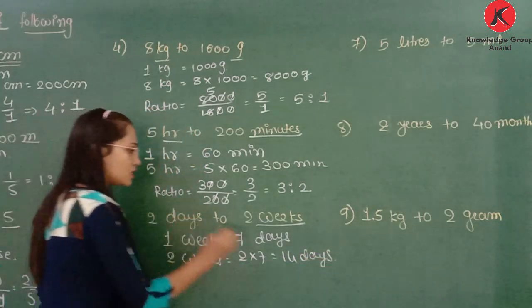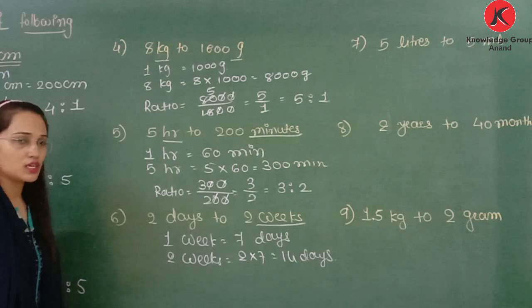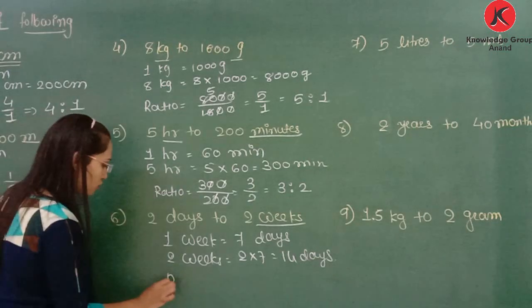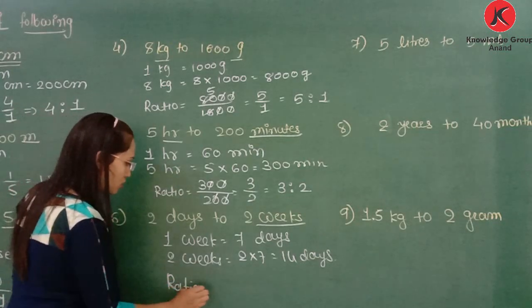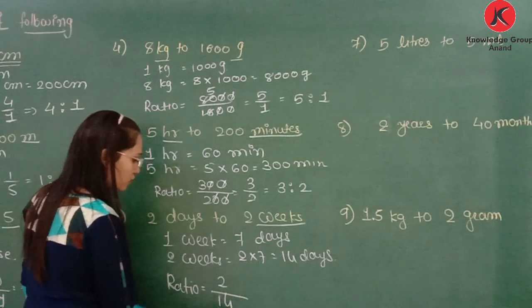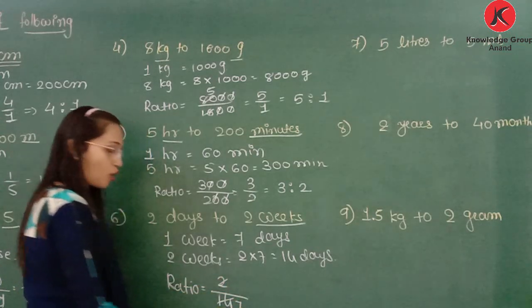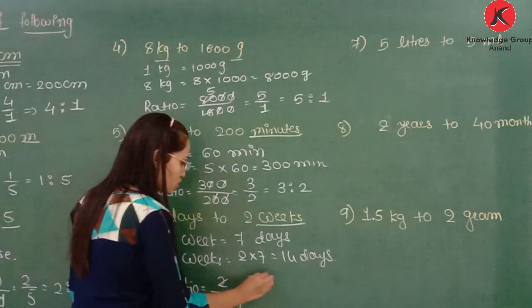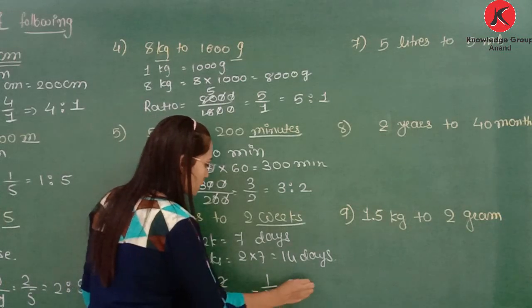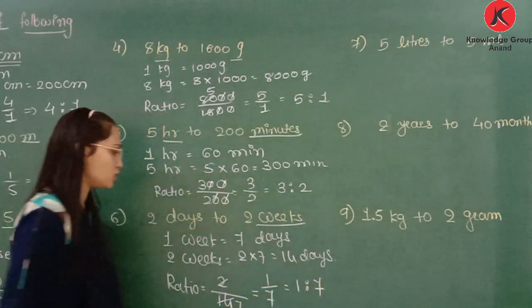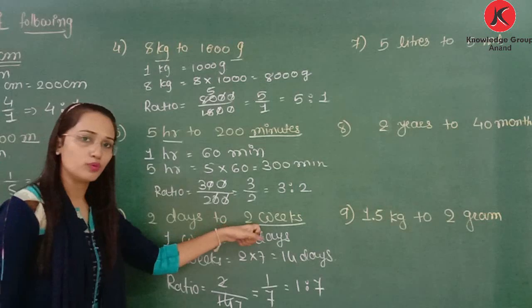Now this unit is in days and this unit is also in days, so perform the ratio by division. 2 divided by 14. Now here you can cut the common factor, 2 sevens are 14. So here 1 by 7 represents 1:7. That is the ratio of 2 days to 2 weeks.